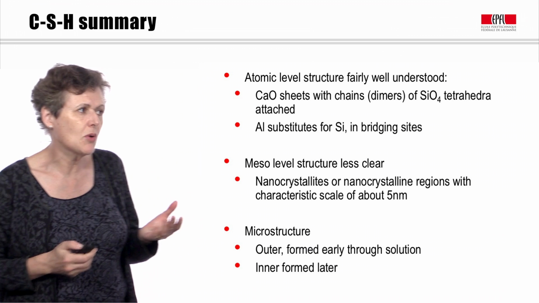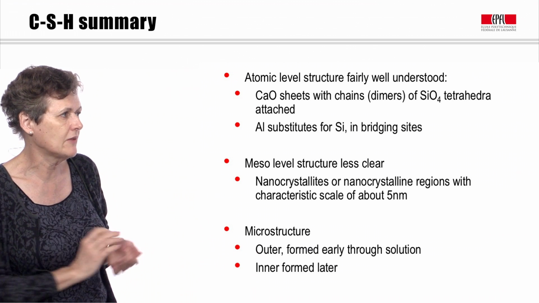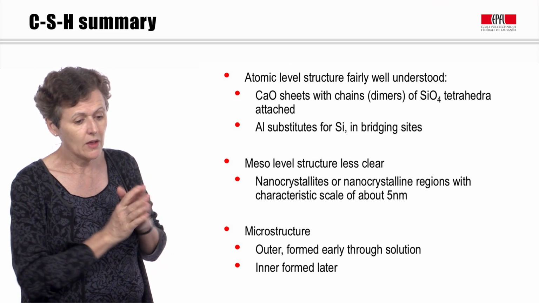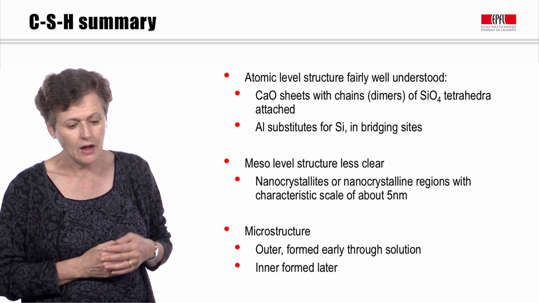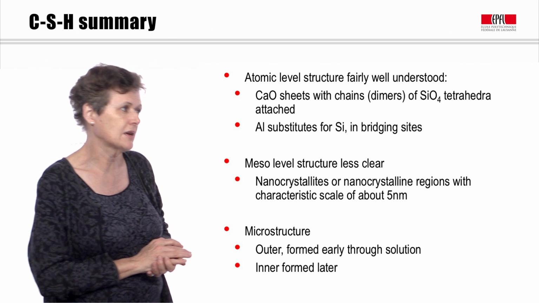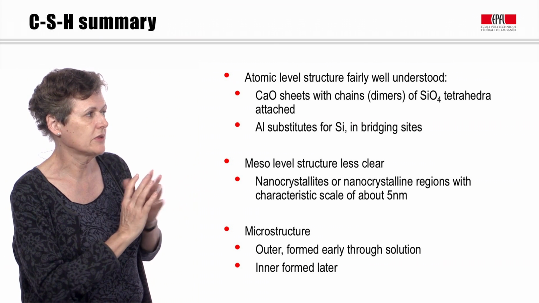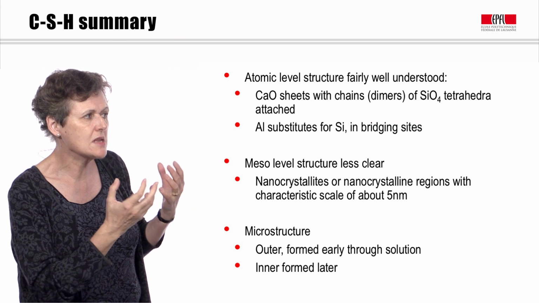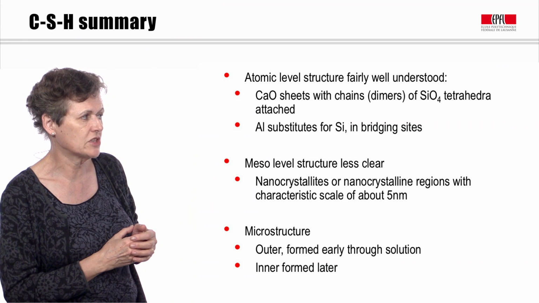So to summarize what we've seen today, we've looked at the atomic level structure. This is now really very well understood through contributions that have been made from silicon NMR. We've seen that this is based on these sheets of calcium oxygen with mainly dimers of silica tetrahedra attached.